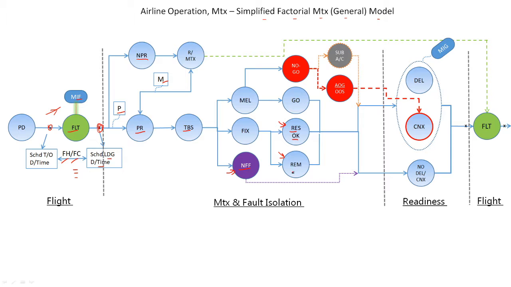removal/replacement state. This brings us a very interesting operation state, which is using MEL, minimum equipment list. Now what does MEL mean? Let's say the mechanic calls operation, tells operation, I need to change the vibration sensor, and I need 2 hours.